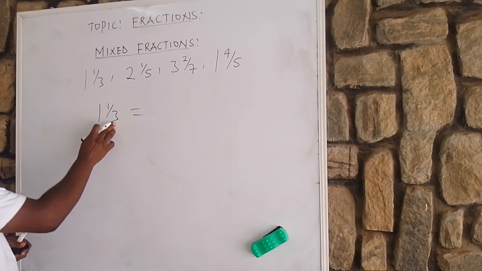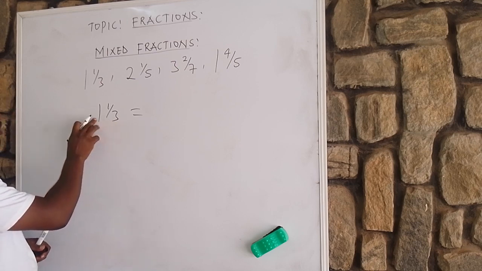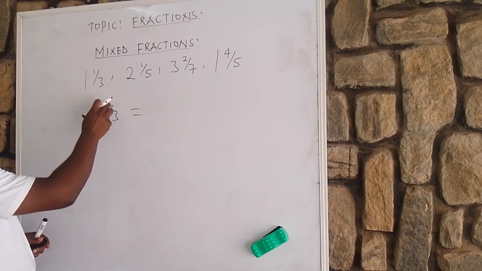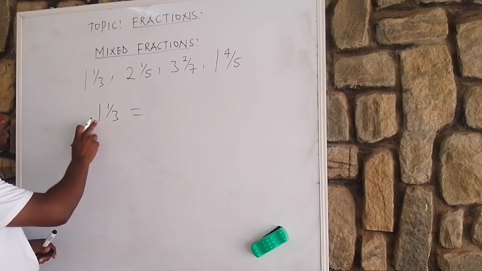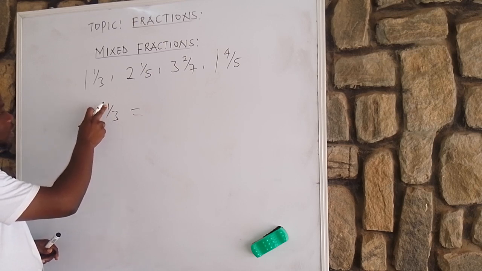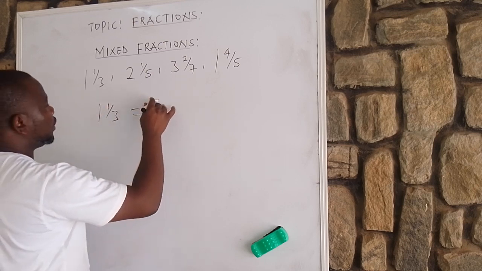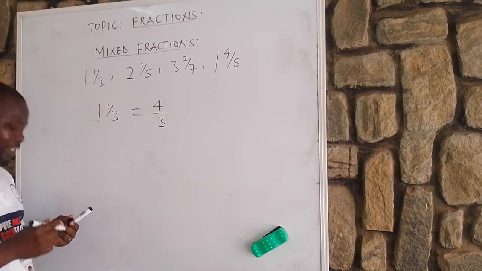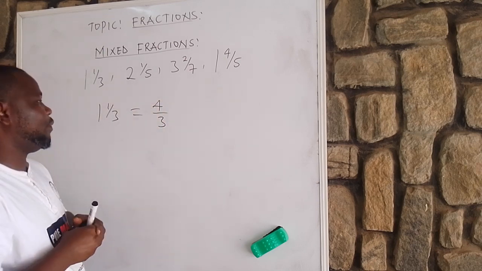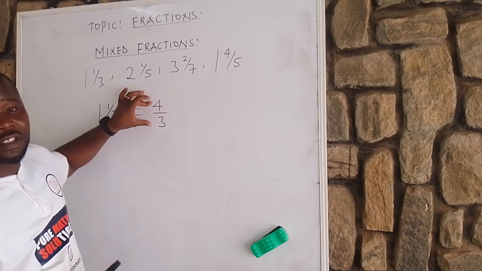This is equals to, use this denominator to multiply whatever is here, 1, then add it to whatever is here. So 3 times 1 is 3, plus 1 here, 4. So it will now be 4 all over 3. So what is the name of this fraction?